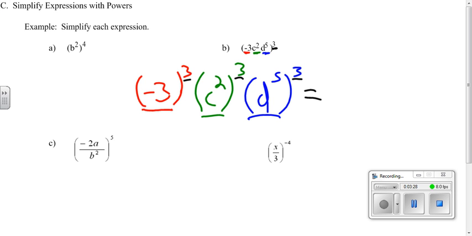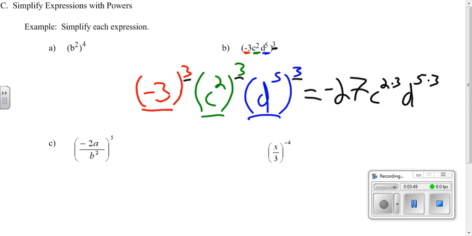So we need to apply our exponent properties to each of those. We know that negative 3 to the 3rd power is going to be negative 27. Our c squared to the 3rd power is c to the 2 times 3. And our d to the 5th to the 3rd power is going to be d to the 5 times 3.